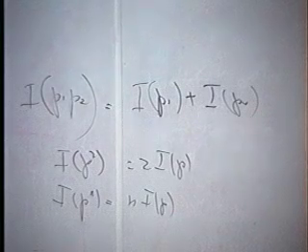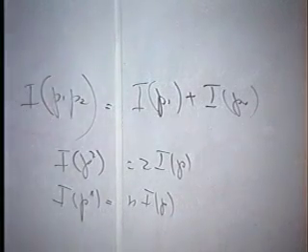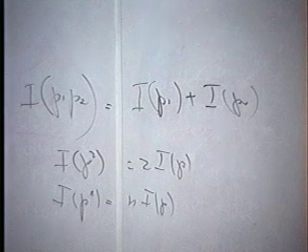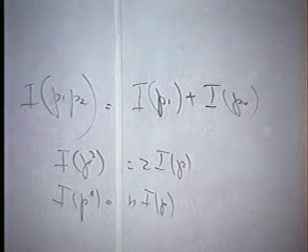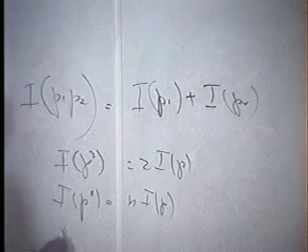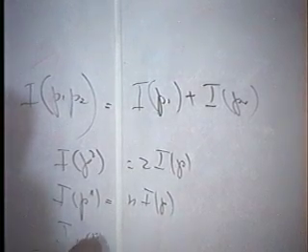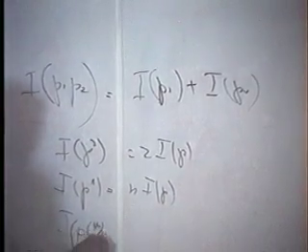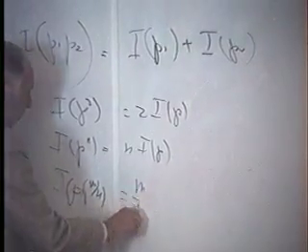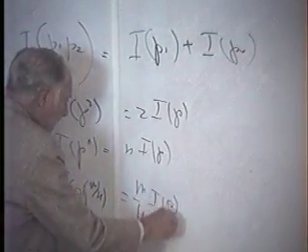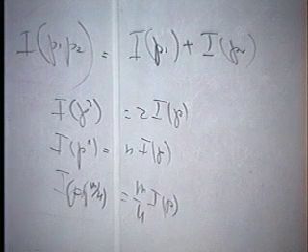Well, now, using exactly the method you used when you took algebra, you extended exponents from integers to fractions, it's straightforward to obtain I of P to the m over n is m over n I of P. Straightforward.